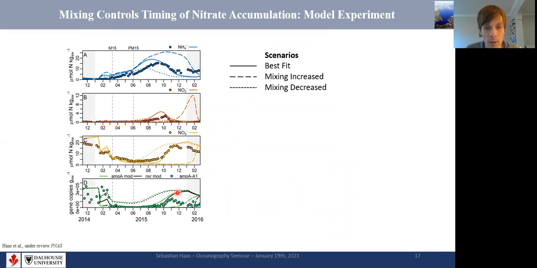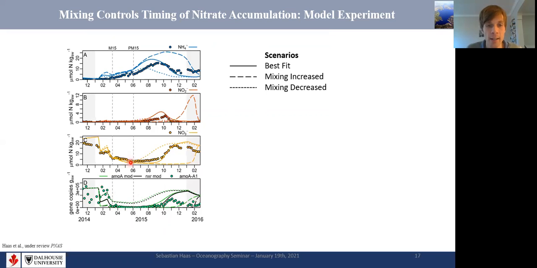And in the more dotted lines, we see mixing decreased prior to March 2015. And in the model that decreases mixing, we see less of a dilution of the functional microbes, of the nitrifiers, of their genes, and they can regrow faster. And if we mix more intensely, they regrow later in the year.